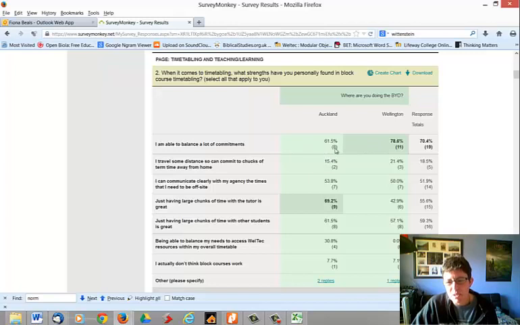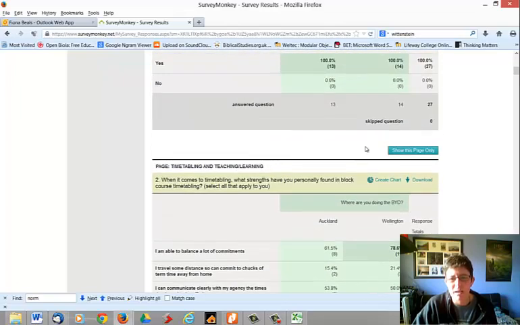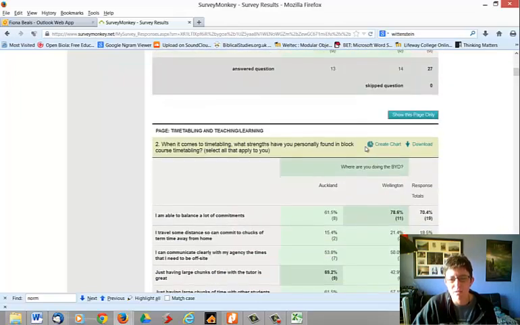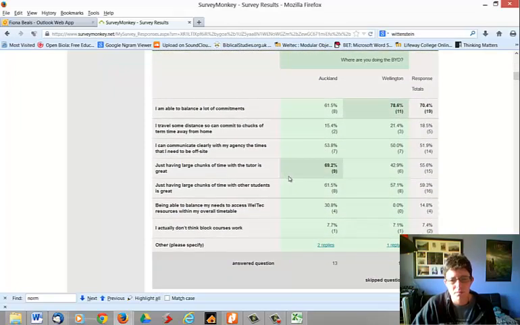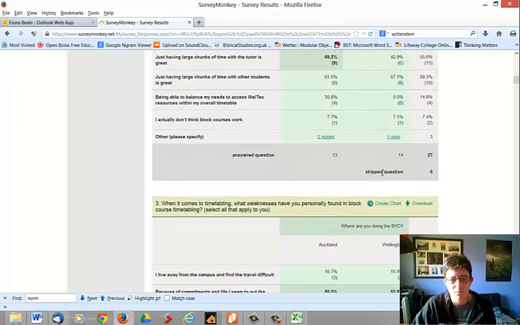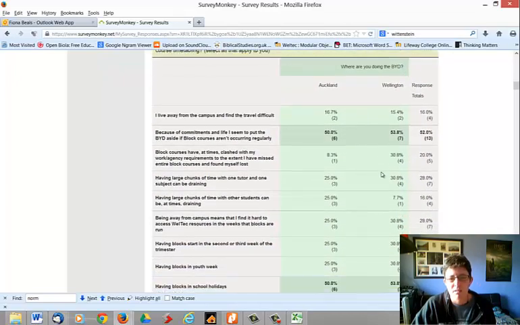Whilst there's a bit of a sway here, it's not too proportionately different. I'm just looking up here at the numbers, 11 and 13, not too different. Proportionately, not too different.